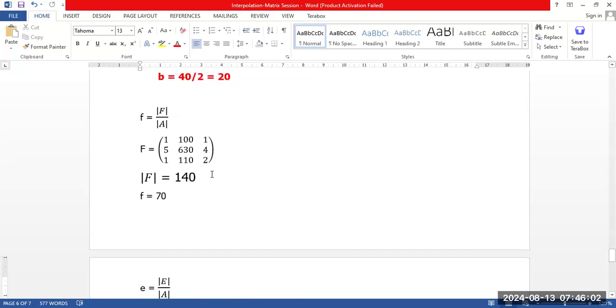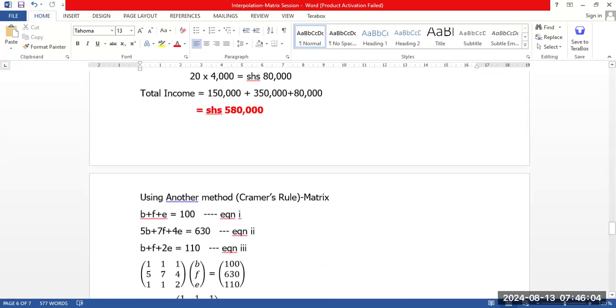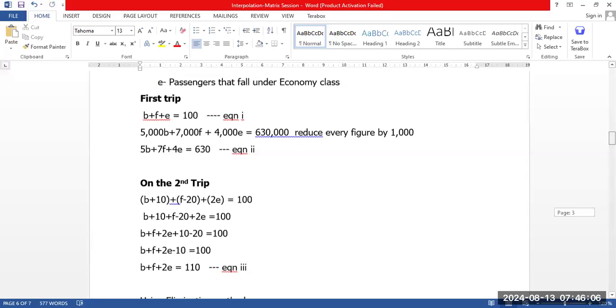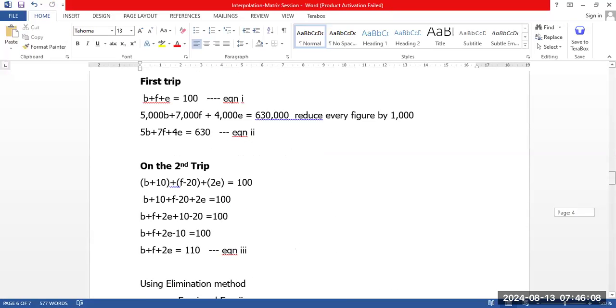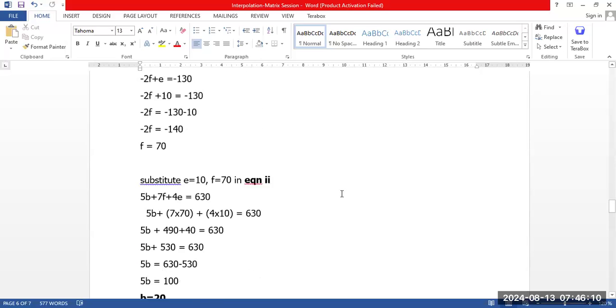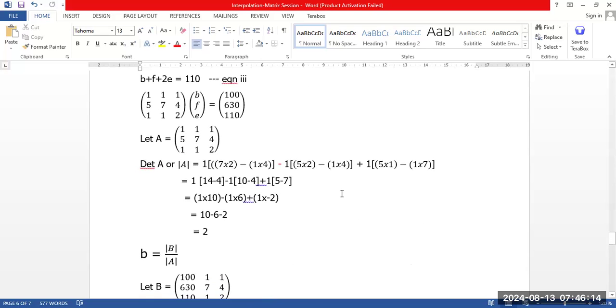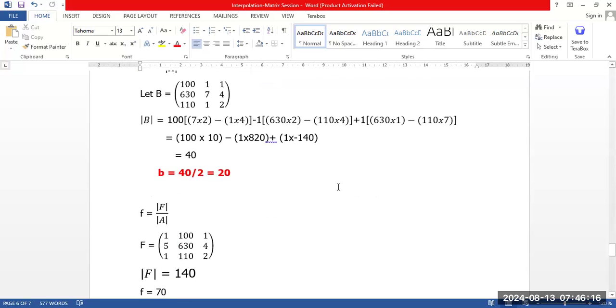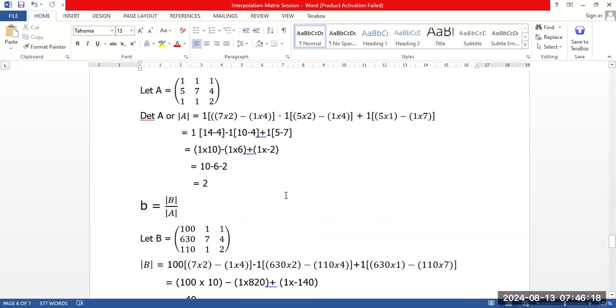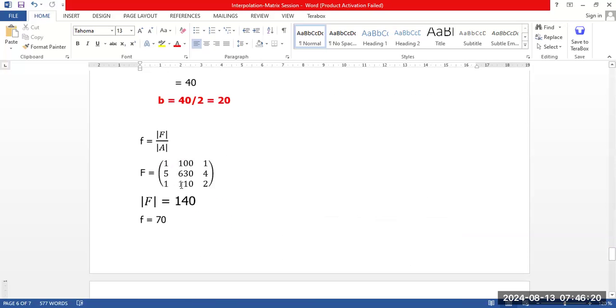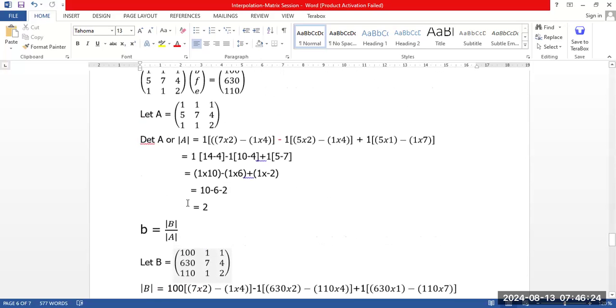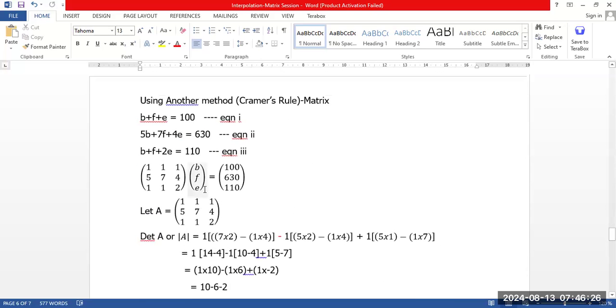Which method is easier, this one or the first one? The first one. Okay, but also this one, once you understand it, is not hard. Just follow the same concept.